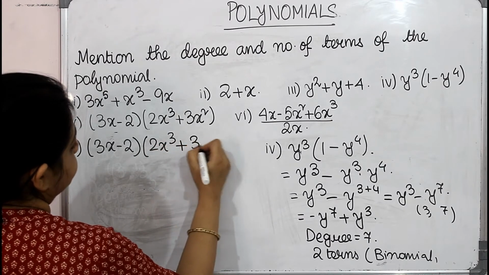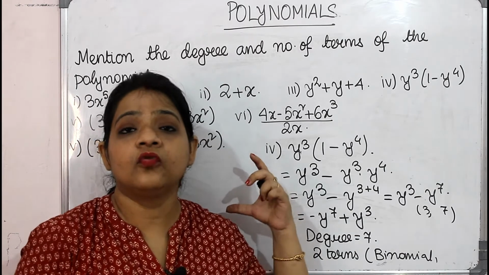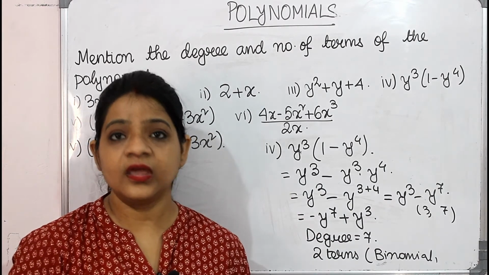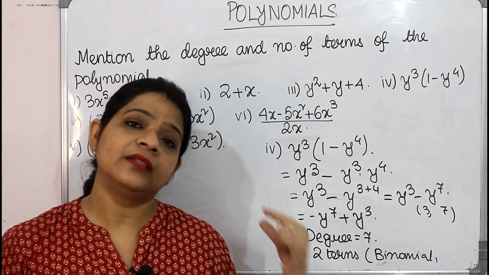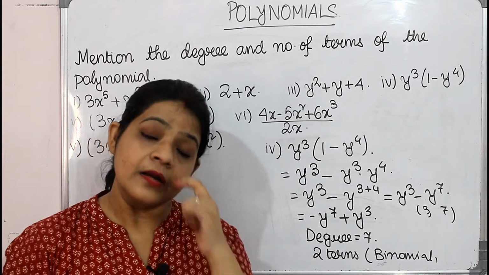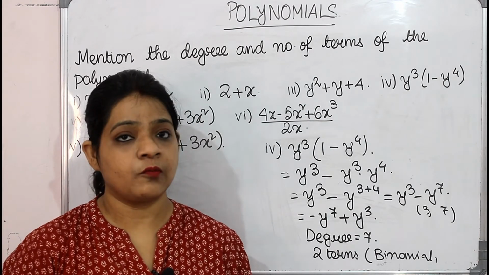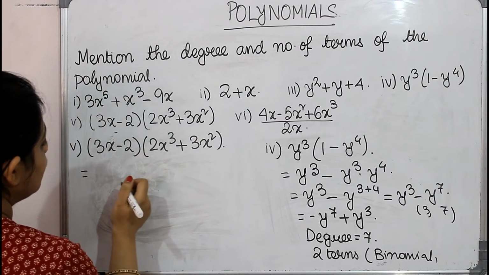This is the expression. Okay, so here we have to multiply this. Then we will be getting a longer expression of polynomial that will help us to decide the degree as well as the number of terms in this polynomial. So here 3x into 2x cube.